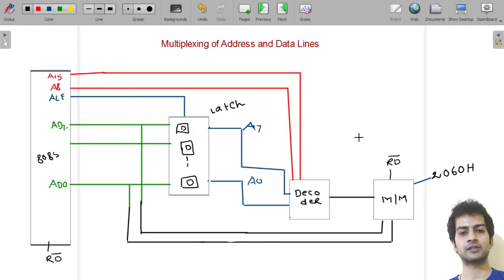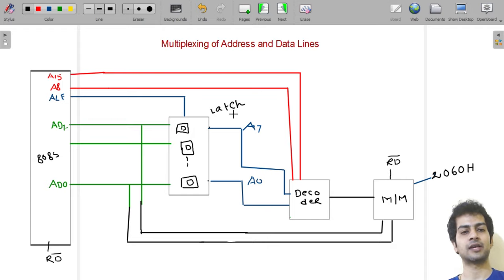So what all have we seen? We have a memory location whose address is 2060H. We have a decoder which acts as an interface between microprocessor and memory, because microprocessor doesn't directly communicate with memory, it communicates through the decoder.